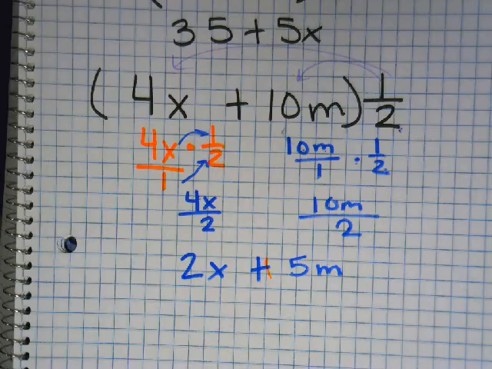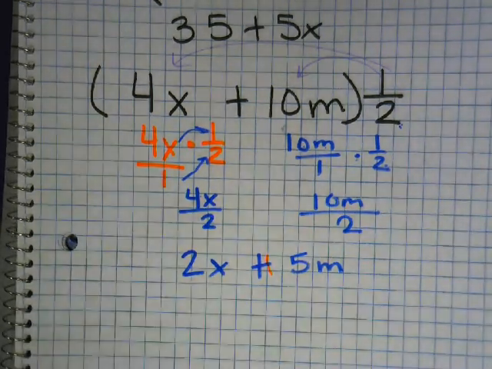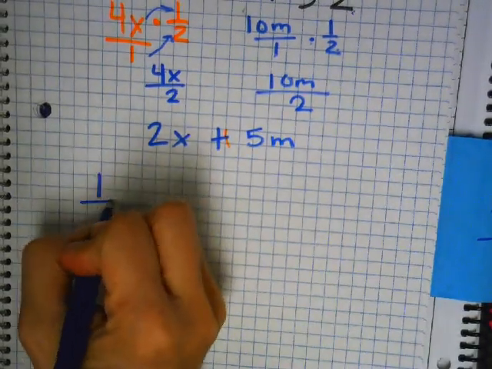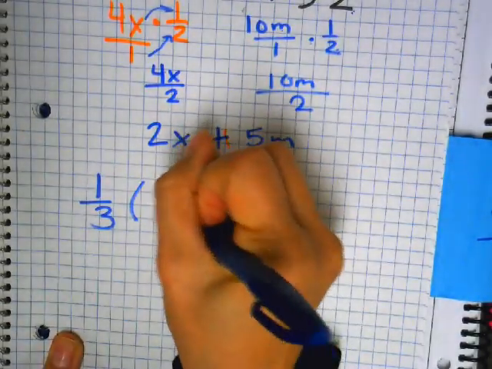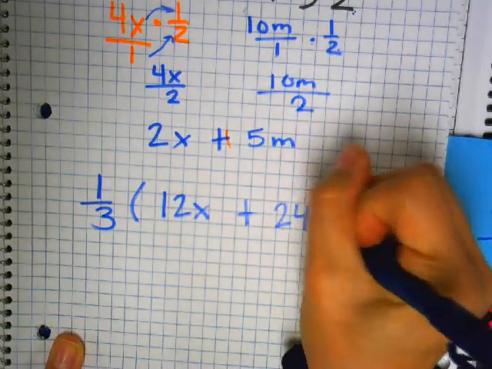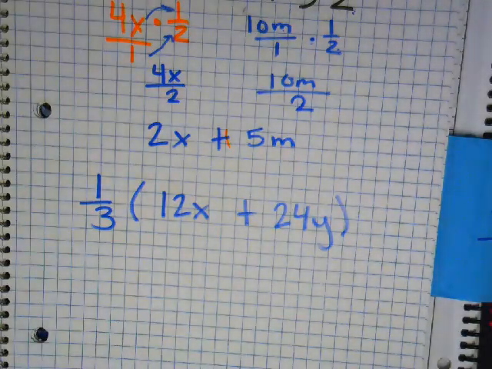Okay? See if you guys can do this one. See if you can make sense of this. 1/3 of 12x plus 24y. Yeah, but I lied. Hi, I'm a teacher, and that's just what we do.